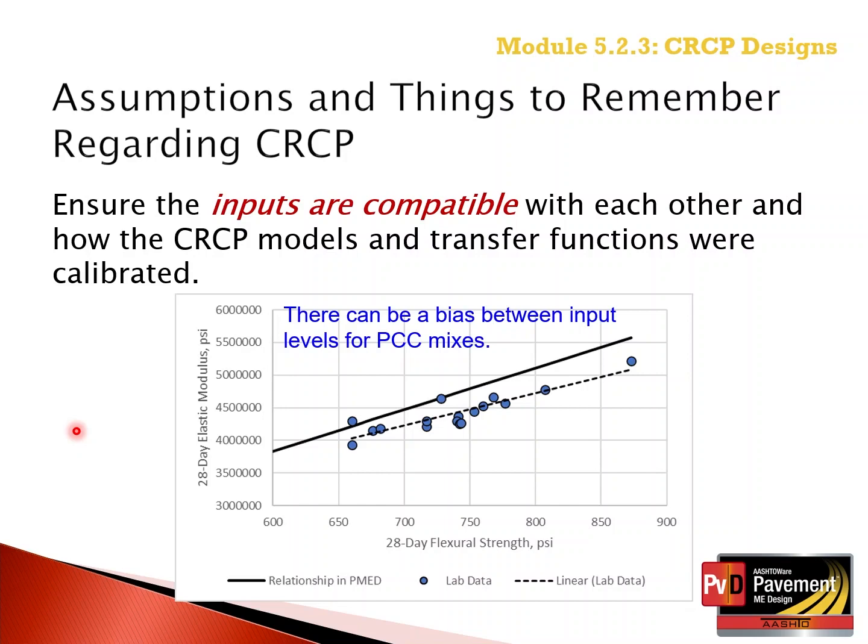As stated for the previous slide, if the PCC strength and elastic modulus regression equation was used for calibration, then it should also be used for design. However, if the laboratory measured data were used for both strength and elastic modulus, and they were used for calibration, the laboratory measured values for strength and elastic modulus should also be used for design.